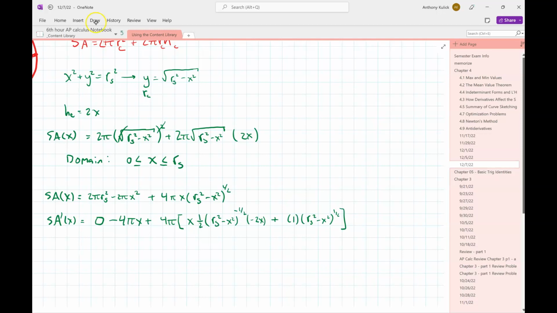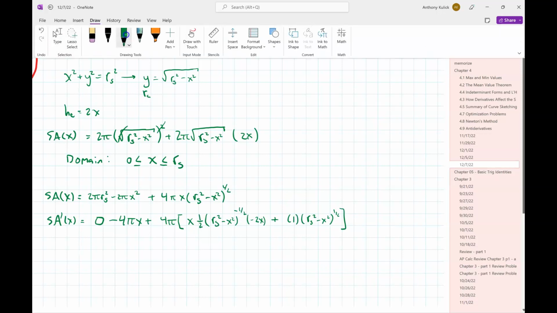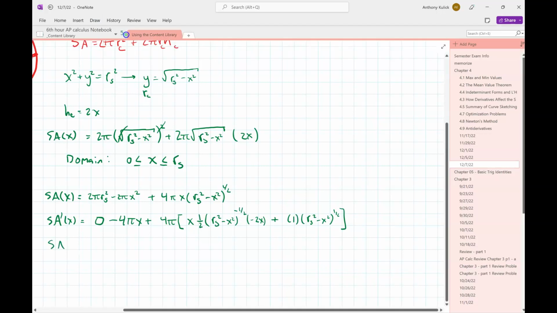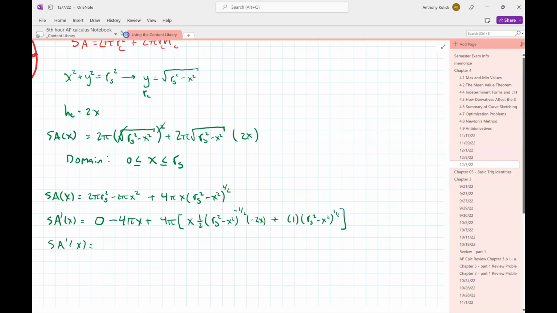All right, let's see here. Let's clean this up a little bit. So I noticed that everything has a factor of 4 pi in it, right? So I'm going to factor that to the front, and I'm going to end up writing this as a fraction, I think. But I'm going to just put the 4 pi times.